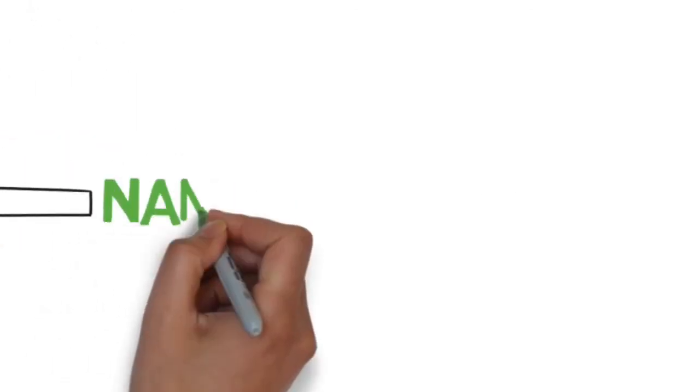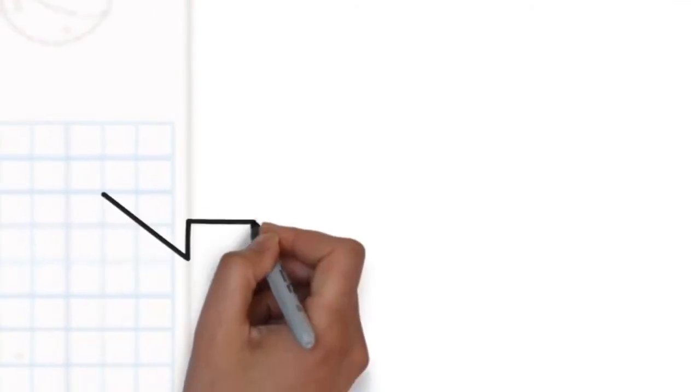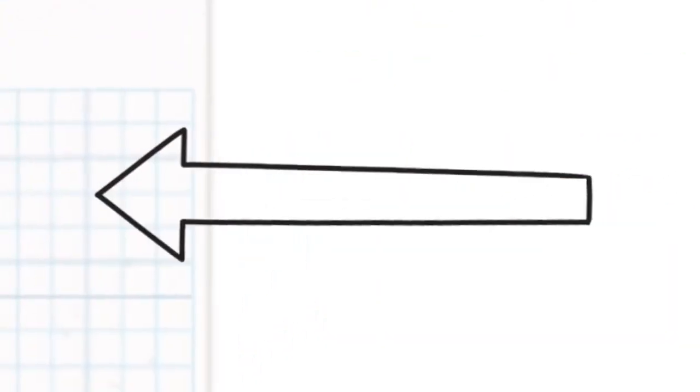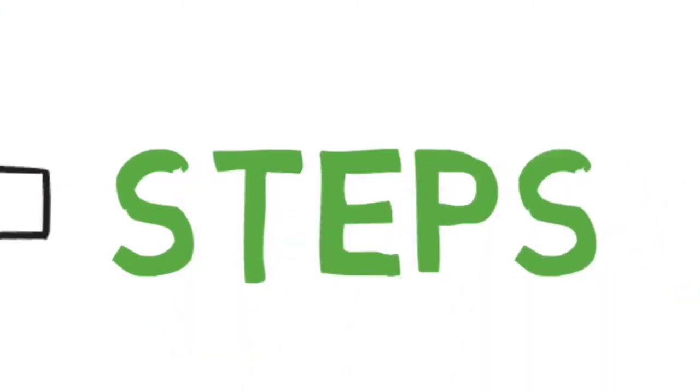First, we have the space to write the name of the food. After that, you are going to write again the ingredients that you need. And finally, the steps that you need to follow to cook your favorite snack.